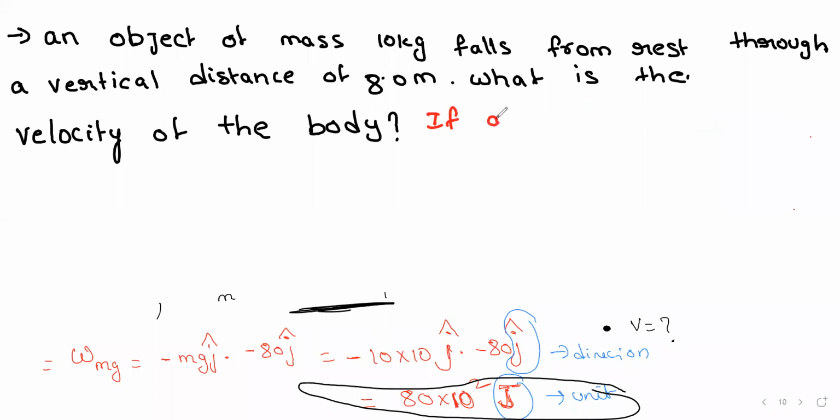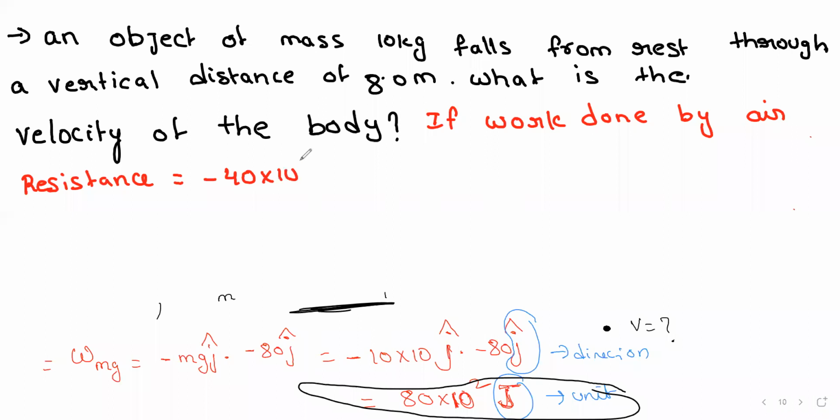If there is air resistance, so minus 40 into 10 power 2 joule. So 40 minus 1.